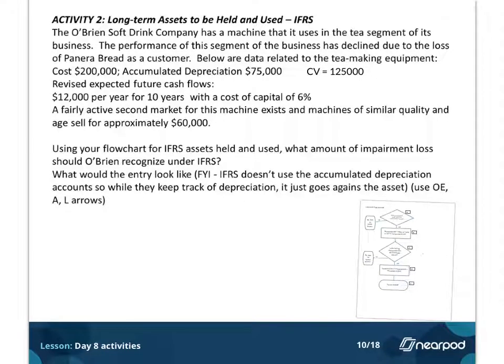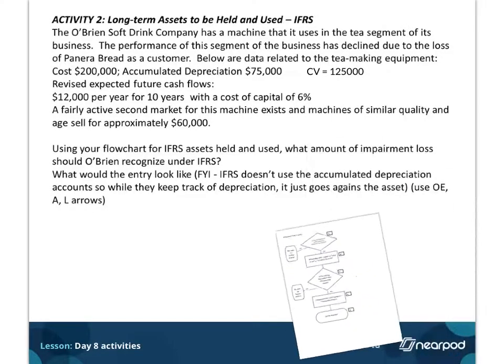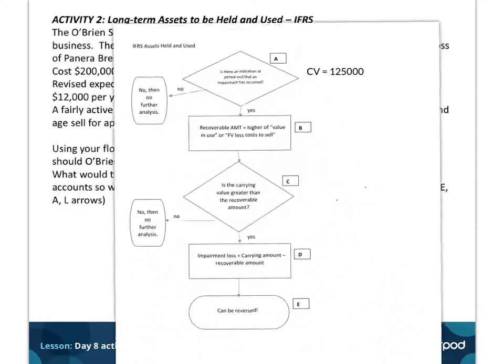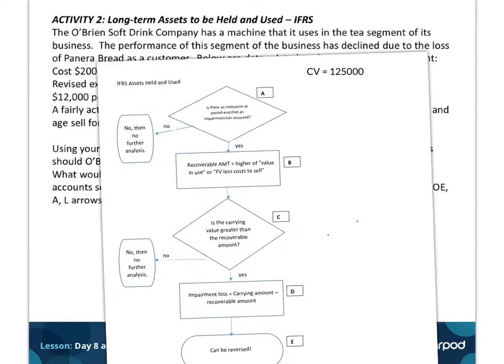Okay, we have the same cash flow situation, 12,000 for 10 years with a cost of capital of 6%, and we have that fair value of 60,000. So we're using the flow chart from IFRS to look and see what we do. We're again assuming the events indicate that we have an impairment.